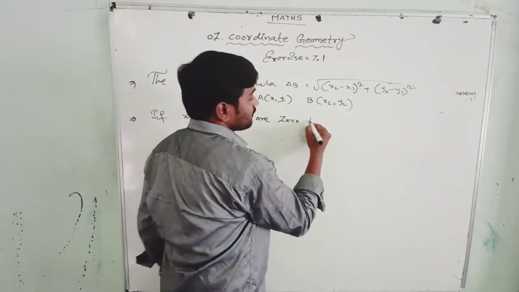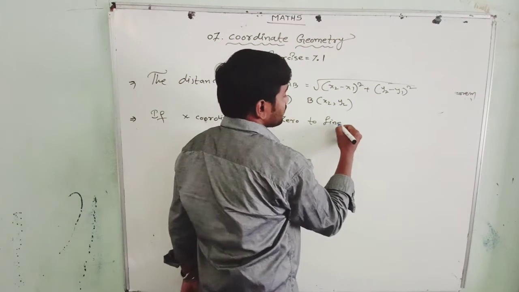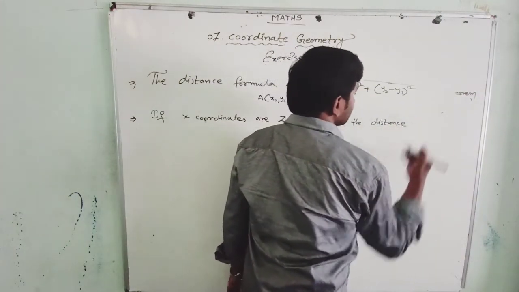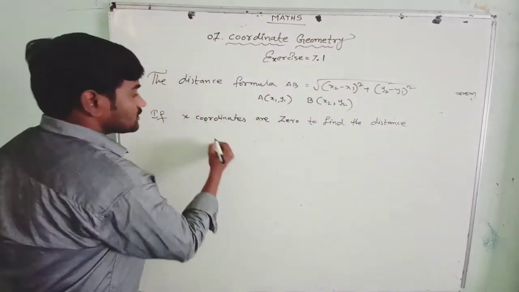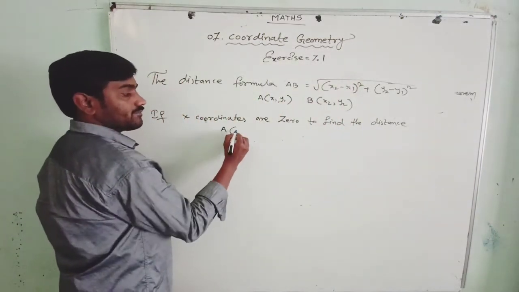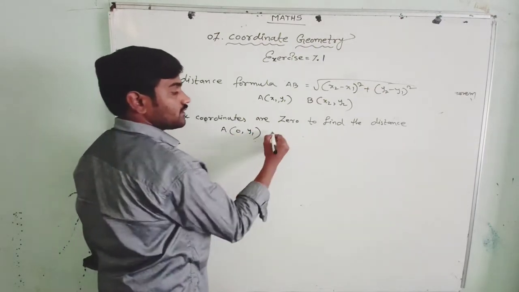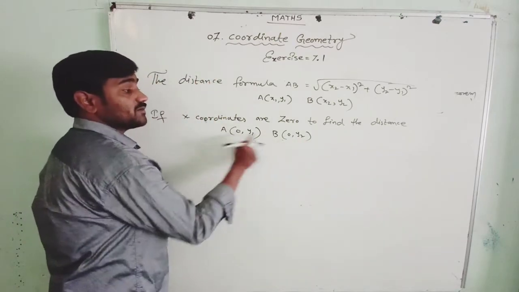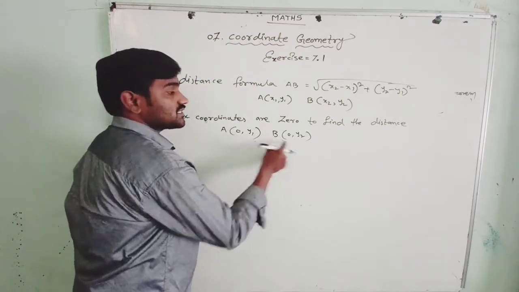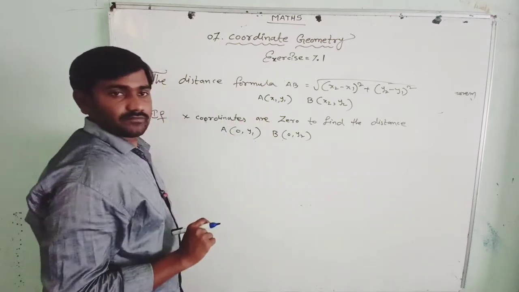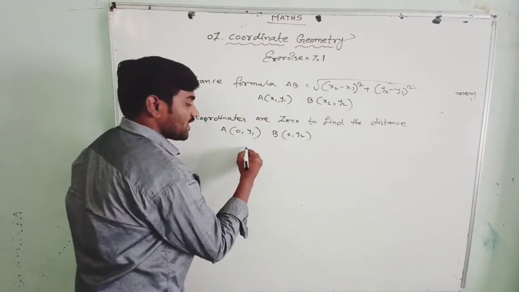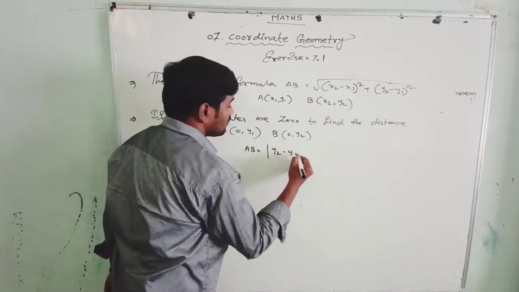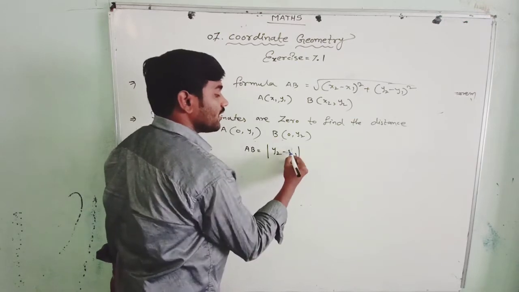To find the distance, let us take here A (0, y1) and B (0, y2). What happened here? The x coordinates become 0. If the x coordinates are 0, to find the distance between these 2 points, simple: AB equals mod y2 minus y1.